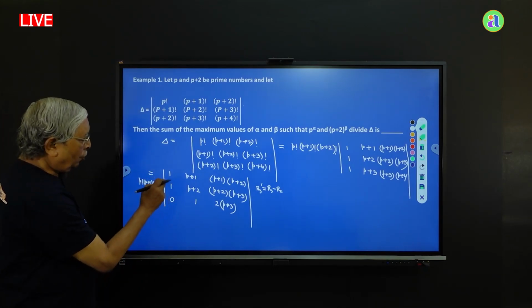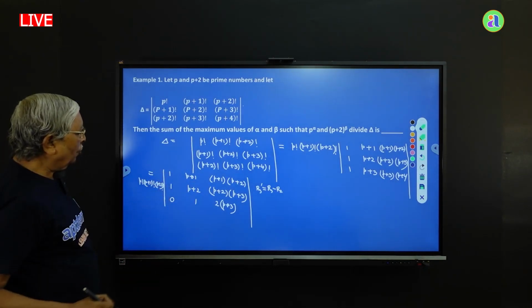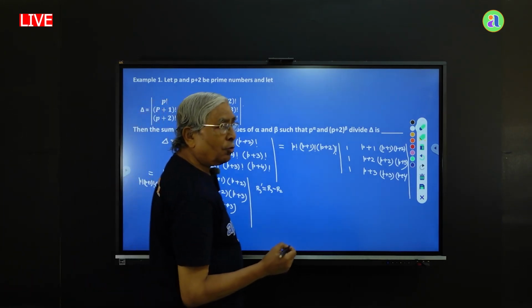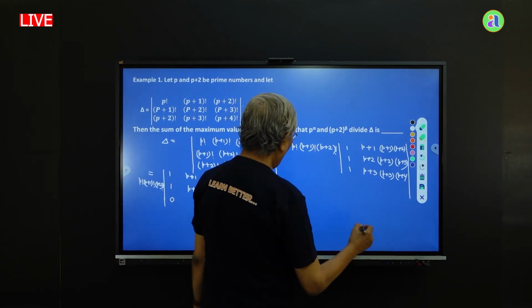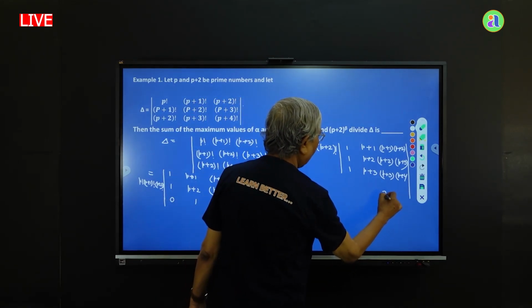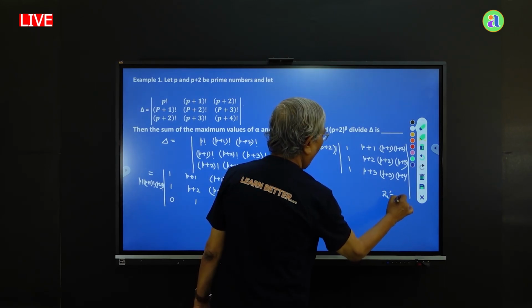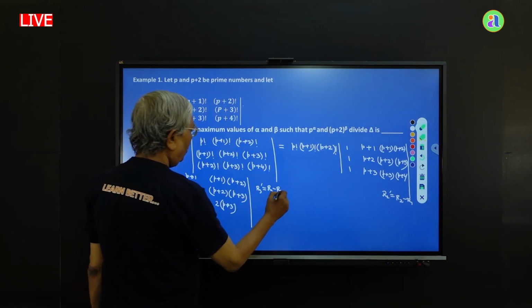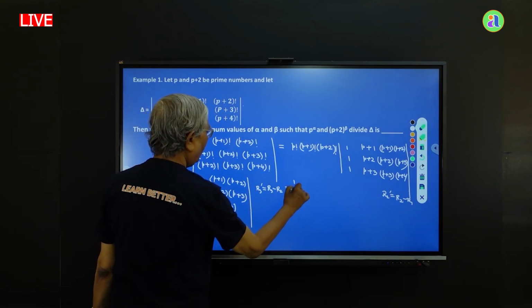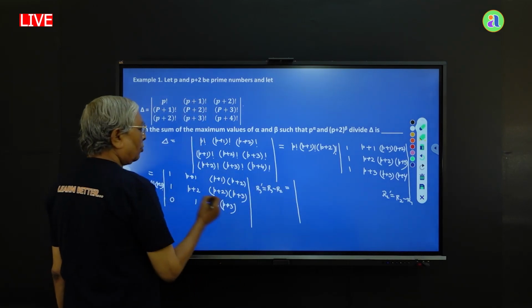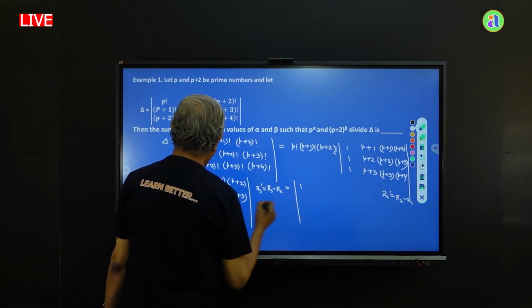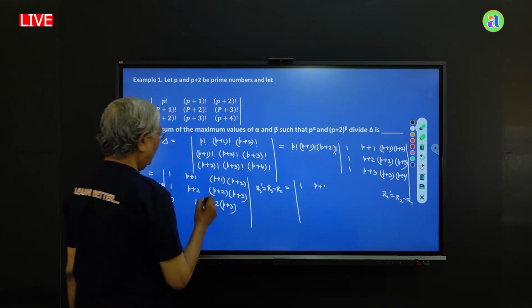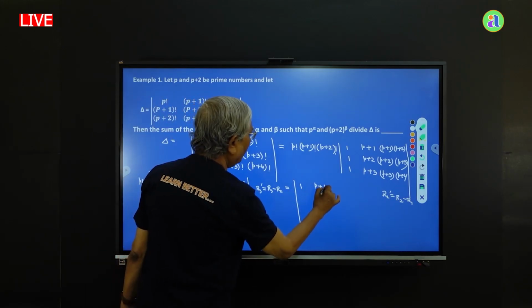Next, to make this element 0, apply the operation R2 dash is equal to R2 minus R1. The first row will remain the same: 1, p plus 1, p plus 1 into p plus 2.